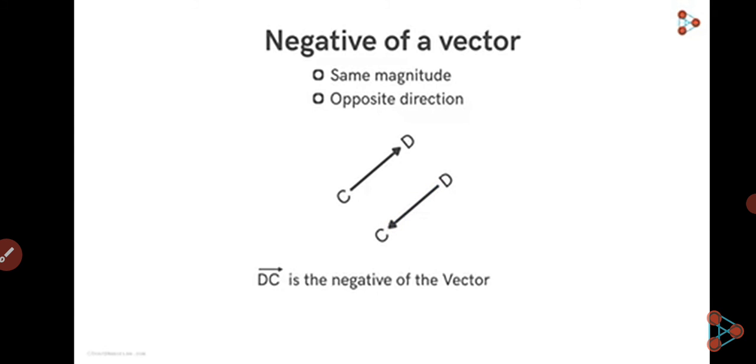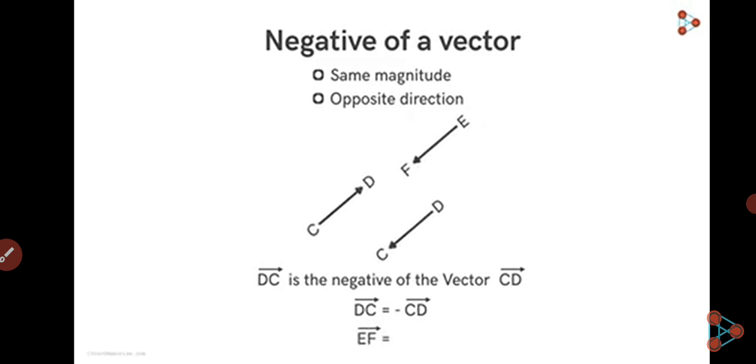Okay, means magnitude will be equal but direction will be opposite. And we will write it like DC vector is equal to minus of CD vector. In a similar way, we can draw FE vector also, which is equal in magnitude but opposite in direction. So this is your negative vector.